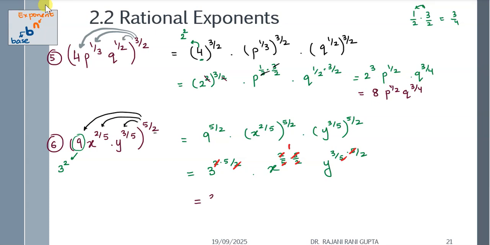So here you have 3 power 5, x power 1, and y power 3 by 2. Okay? Or you can write it as 3 power 5, x, y to the power 3 by 2. This will be your answer. If you have time, you can simplify 3 power 5 as well.